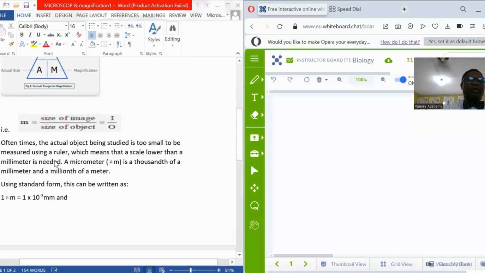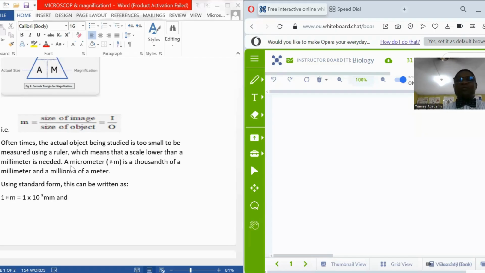Now, oftentimes we find that the size of the object in study is very, very small to be measured using a ruler or any measuring device. Because of the small size, a smaller scale that is lower than the millimeter is needed.